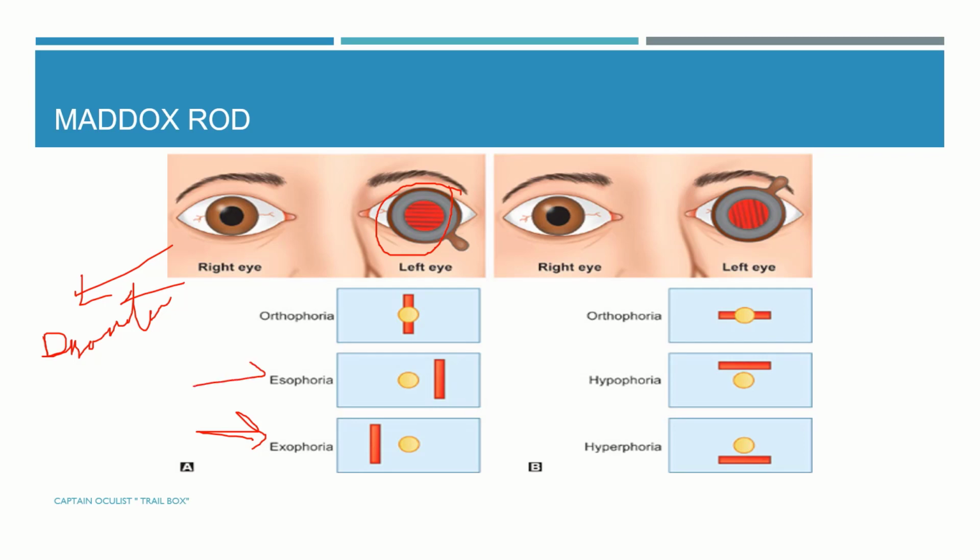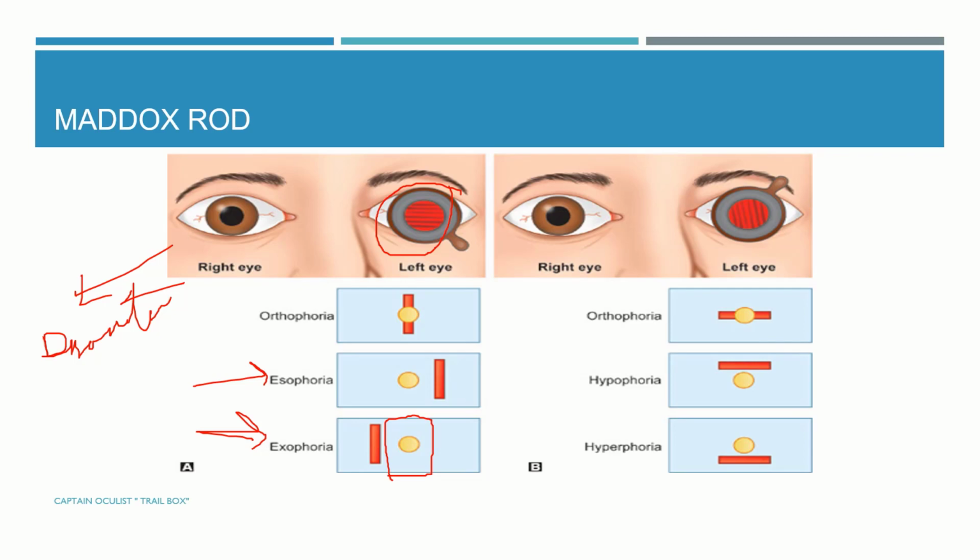In exophoria, the light will fall nasal to the fovea, therefore the image is seen somewhere temporally, which brings about crossed diplopia. So crossed diplopia in exophoria, while uncrossed in esophoria.